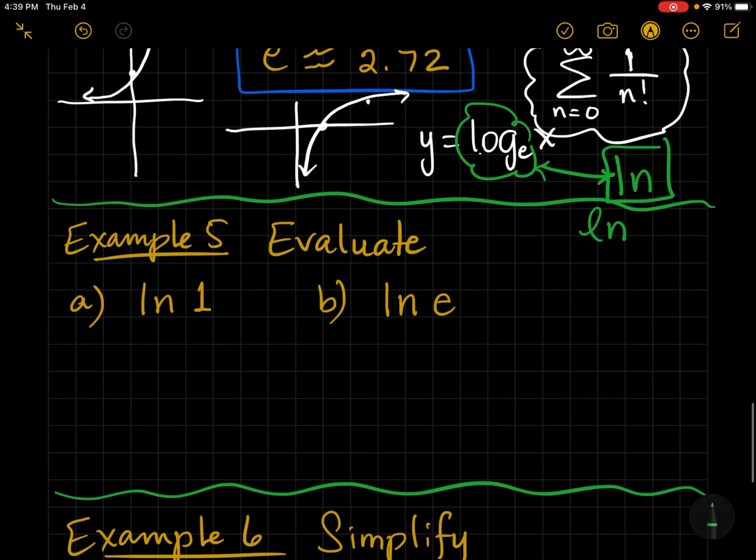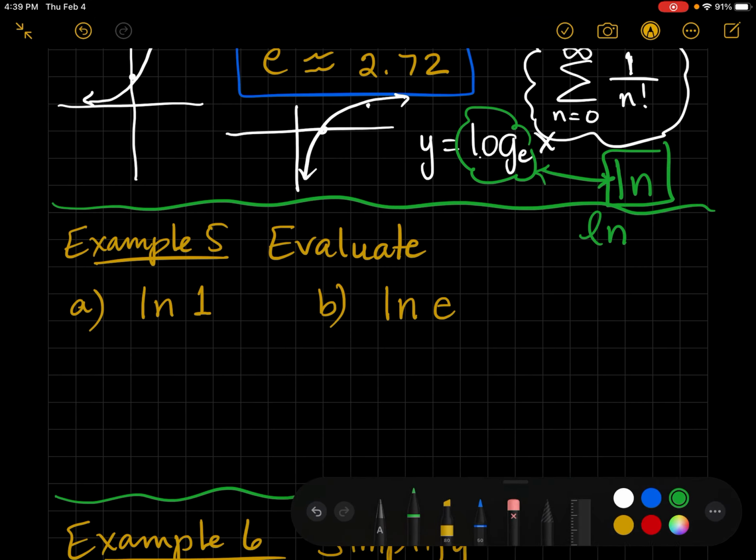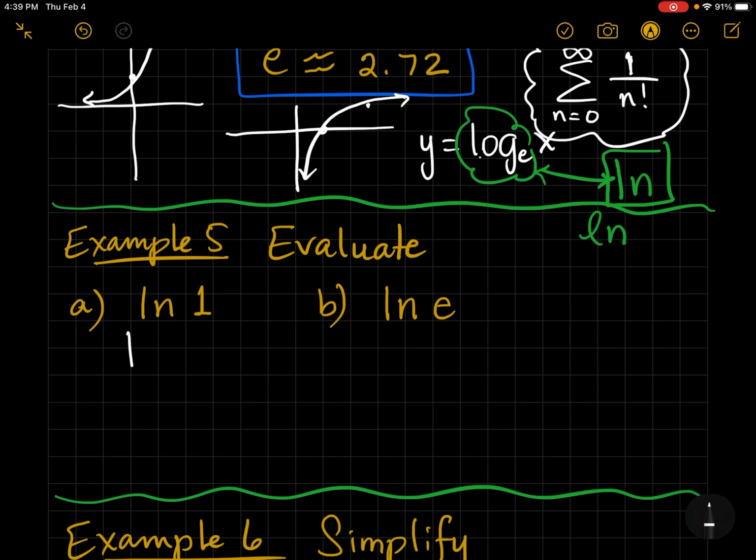Let's move on to example 5. The natural log of 1, what might that be? What I like to do is rewrite ln as log base e. It gives me a base and something to look at that I can understand. So e to what power equals 1?